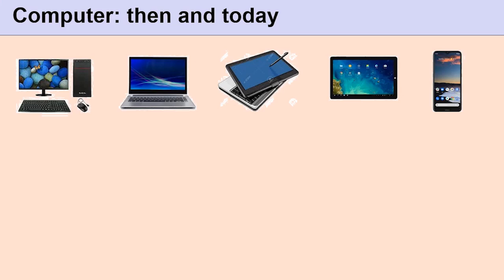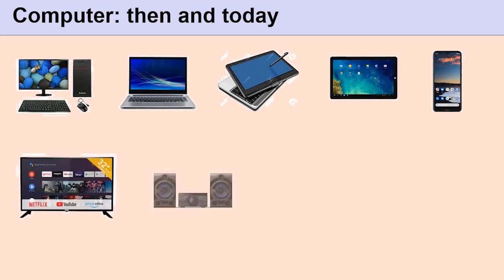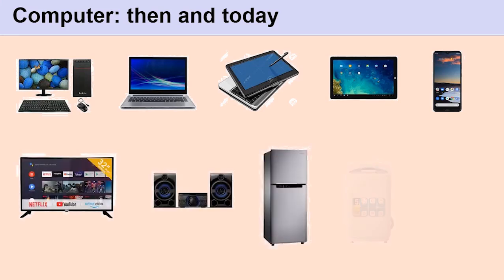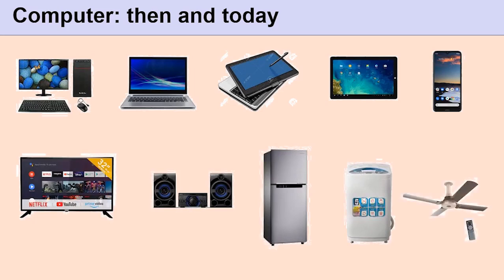For example, most of your household equipment like the television, the audio setup, the refrigerator, the washing machine, or even a remote control fan is likely to have a computer inside that helps the device to function properly. Now, these computers are sometimes called hidden computers or, more commonly, embedded systems.